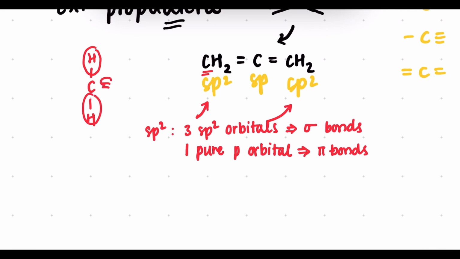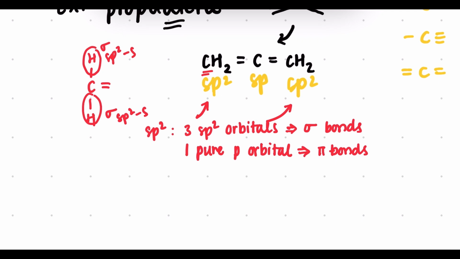One of the orbitals on the carbon contributing side is sp2, and here the carbon-H overlap will be sigma sp2-s, and this is also sigma sp2-s.